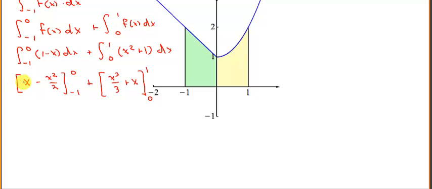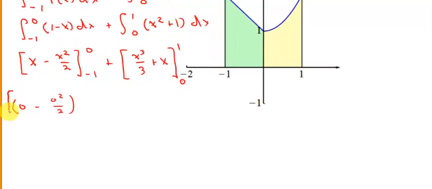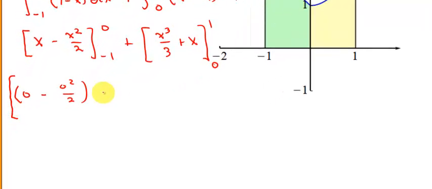So let's evaluate this at 0. I'll have 0 minus 0 squared over 2, okay? And I'm just going to put this first integral in square brackets, minus, evaluate this at negative 1, I'll have negative 1 minus negative 1 squared over 2, okay, that'll be the value of this first integral.